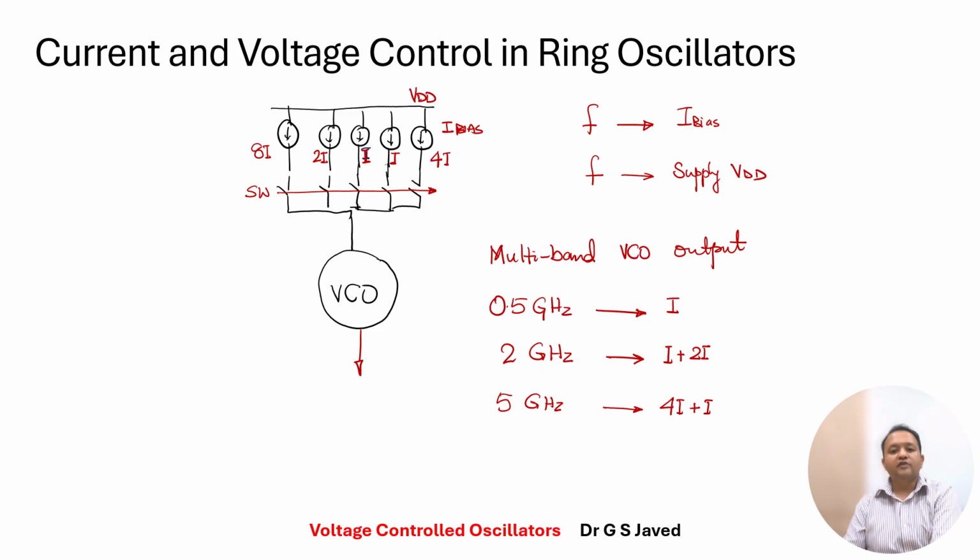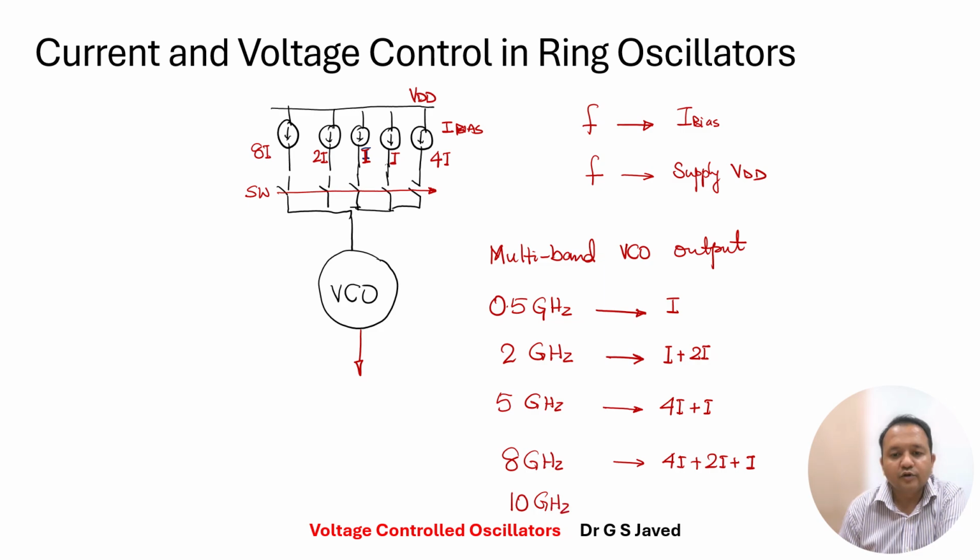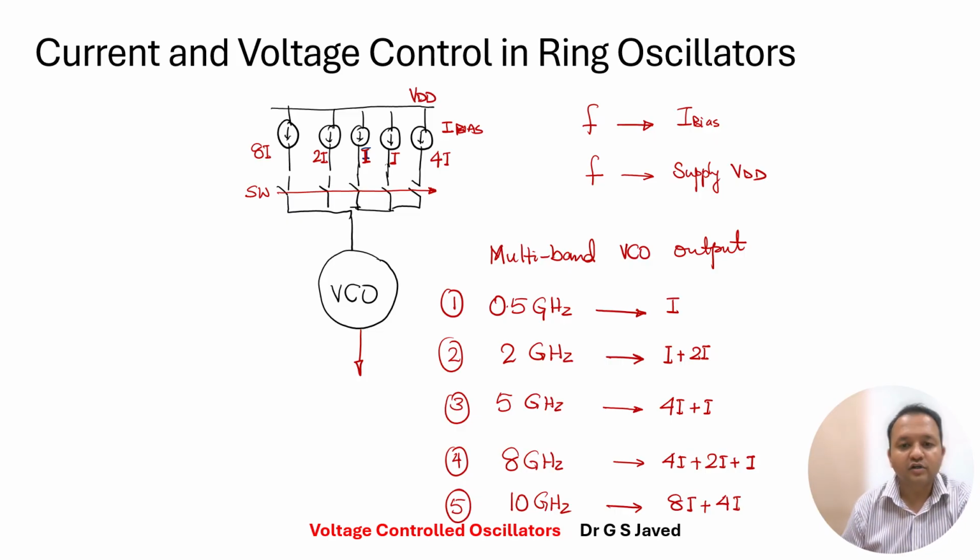So about 5I of current will give you 5 gigahertz. And if you want to end up with, say, 8 gigahertz, you would probably utilize 4I plus 2I plus 1I. And say you finally want a 10 gigahertz value, you could use 8I plus 4I, as an example. So you would have a multi-band. You can target 2, 3 or multiple bands of frequencies with a current controlled or voltage controlled ring oscillator.